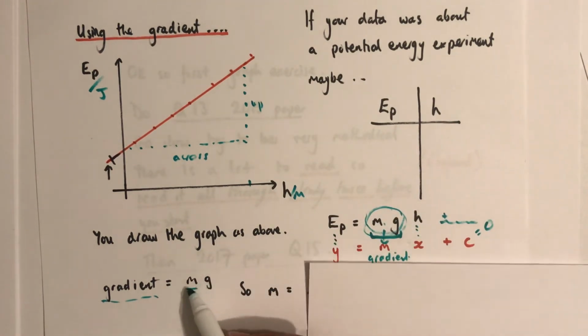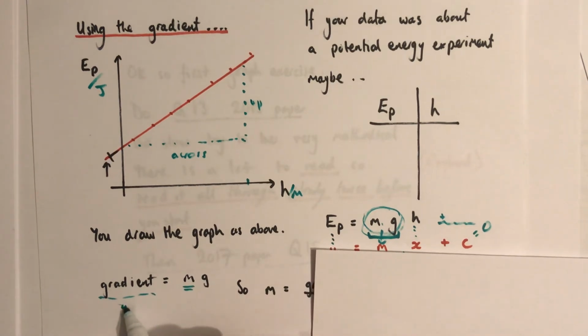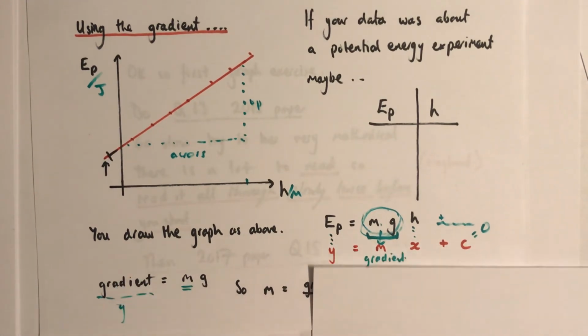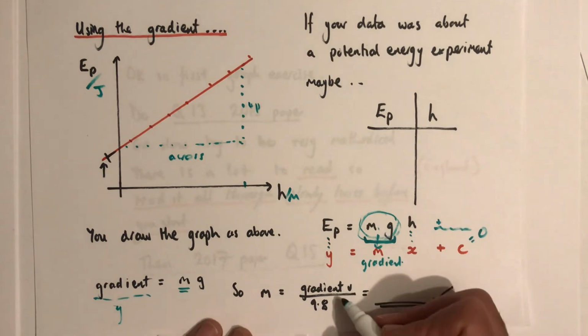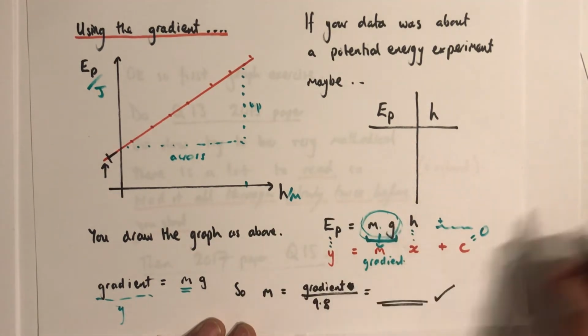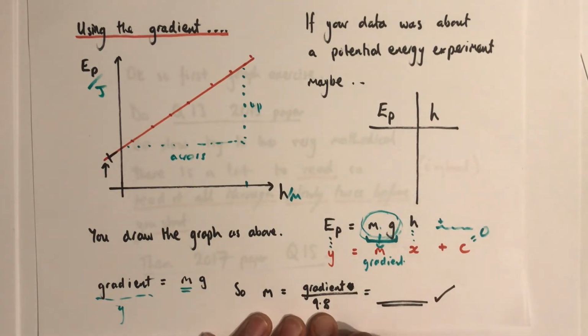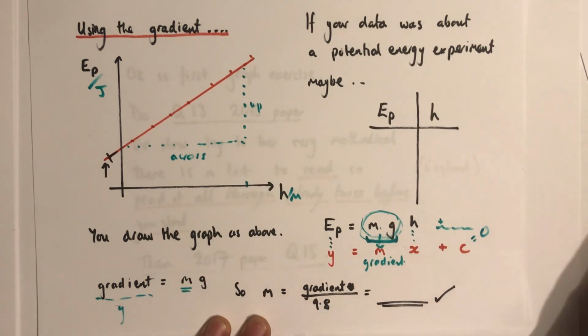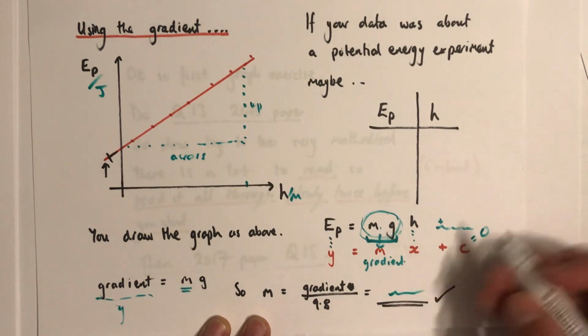I'll rearrange this, take the g down here, and then I'll have m equals gradient over g. So if I take the gradient and divide it by 9.8, or whatever the exam version of g is inside the front cover of the paper, I can find the mass that was used in this experiment, whatever it may be.